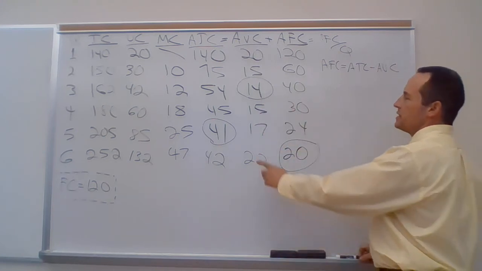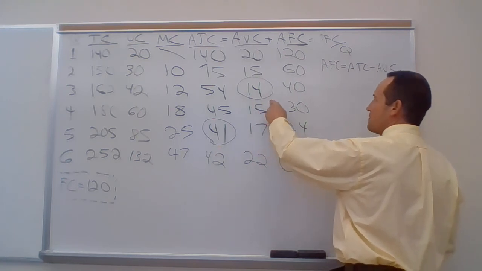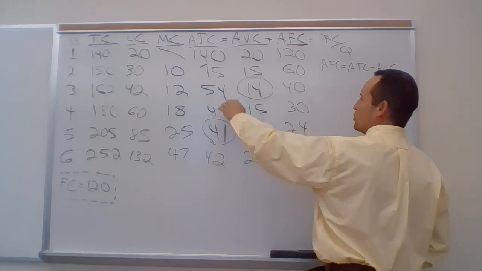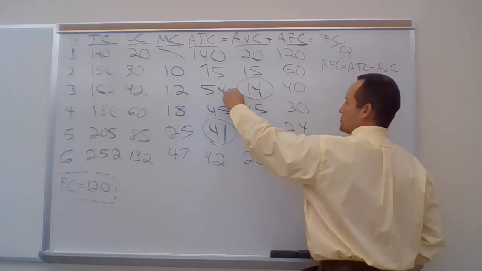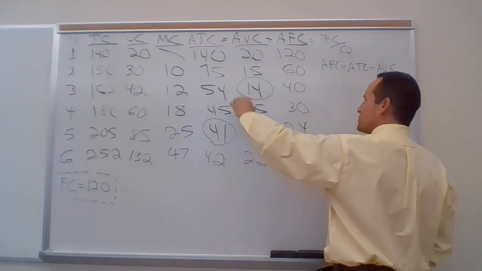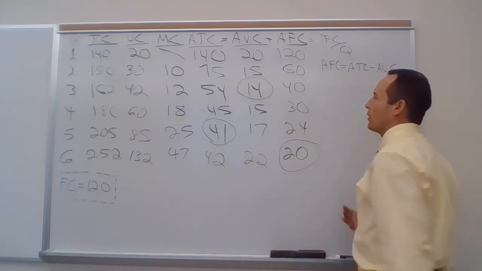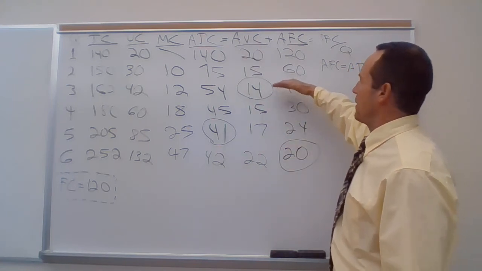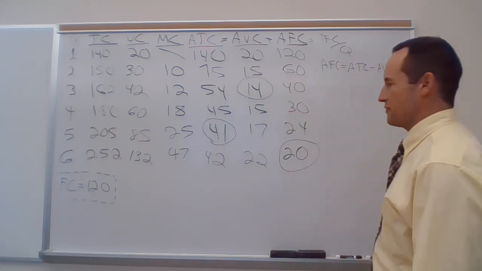So ATC is influenced by both AVC and AFC. That's why ATC could be as low as 3 or as high as 6, but it will always sit in between them. Or in other words, ATC will never fall outside of the bounds set by AVC and AFC.